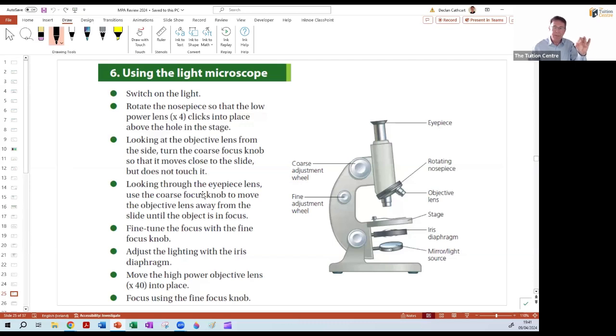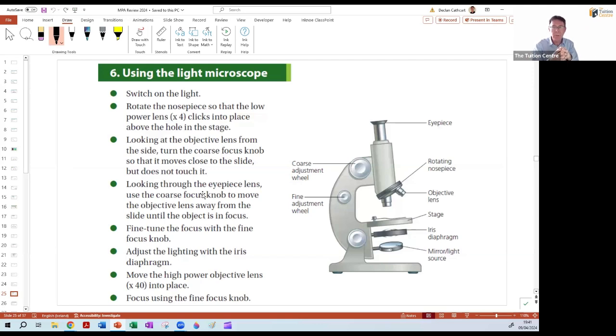You need to know that the eyepiece has a magnification lens, usually a 10x lens, and in combination with the objective lens, you multiply those two numbers. Supposing the objective lens has 40 magnification and the eyepiece has 10, together that's 400 magnification overall for looking through that microscope, okay?